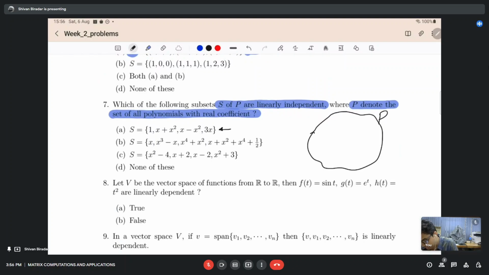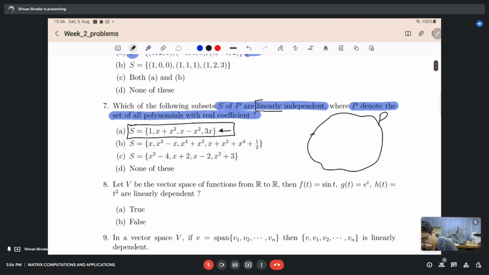So how can we say that this set S is linearly independent? Again, the definition of linear independence does not change here. So alpha 1 into f1, where f1 is a polynomial, plus alpha 2 into f2, where f2 is a polynomial, plus, let us say that we have n polynomials, alpha n into fn is equal to 0.